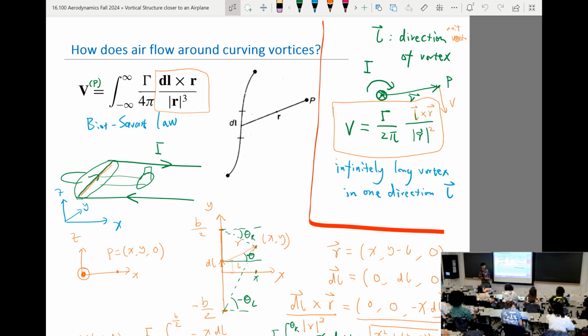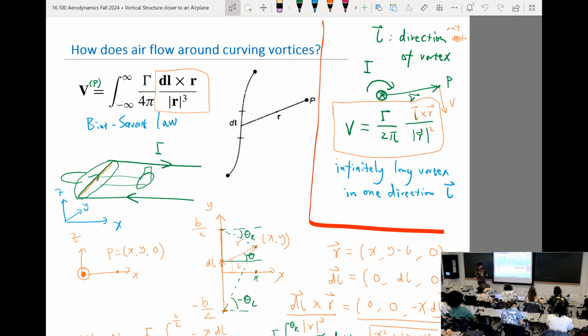If dl points towards that direction, r is the vector that points from the center of the vortex to whatever location I measure the velocity field. So if you take your hand, first go into the direction of dl, then go into the direction of r, you're going to see the velocity is going to be rotating in a clockwise direction.